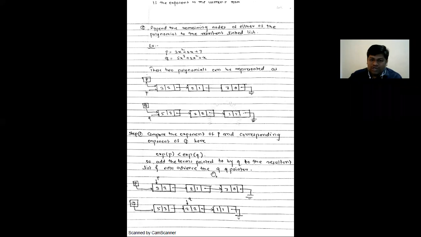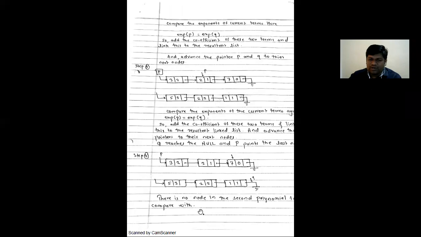Now what do you need to do? To which pointer do we need to traverse? Q. Now Q will be at which location? 2, 2. Now P is at 3, 2, right? Now next step: compare the exponent of the current terms. So they are matching.